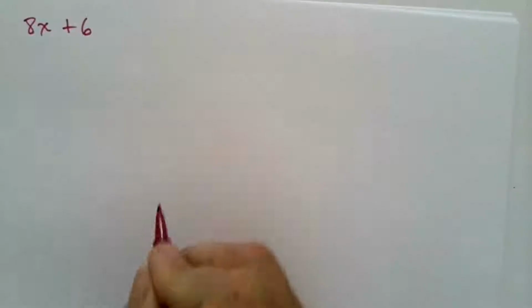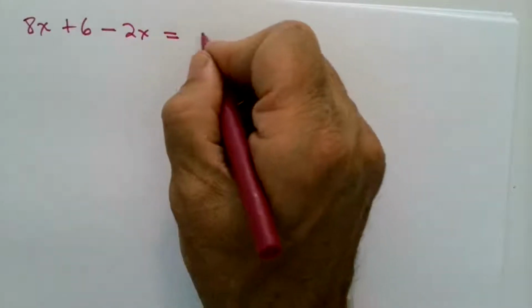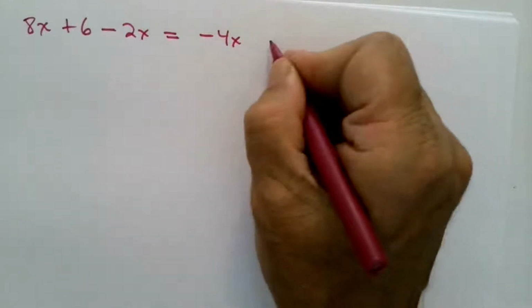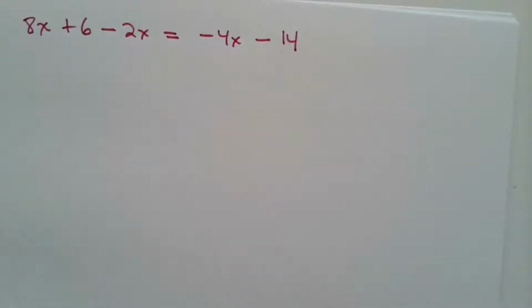So next up, I'm going to look at 8x plus 6 minus 2x equals negative 4x minus 14. Okay, well, we have the left side of the equation and the right side of the equation.